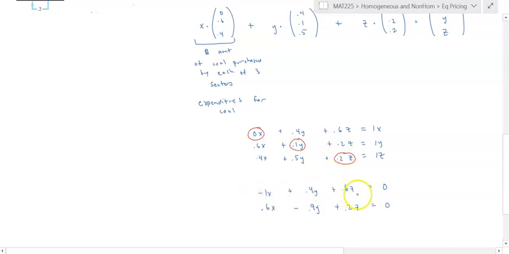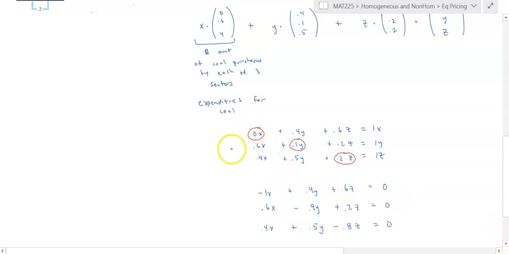If that bothers you, multiply both sides by a -1, and then the revenue, or the income, will be positive and the expenditures will be negative. So just which side things are being moved to is our explanation for why this happens. And then we have minus 0.8z equals 0, and 0.4x plus 0.5y.